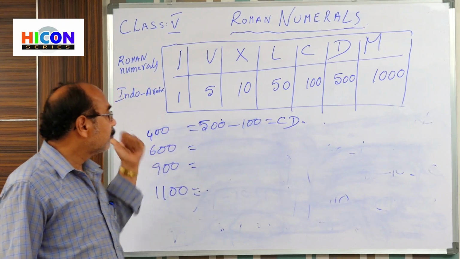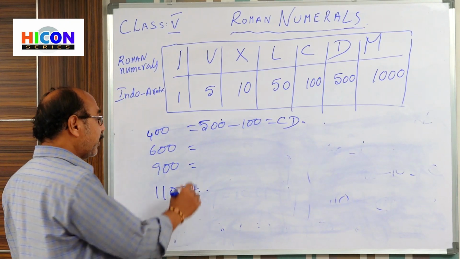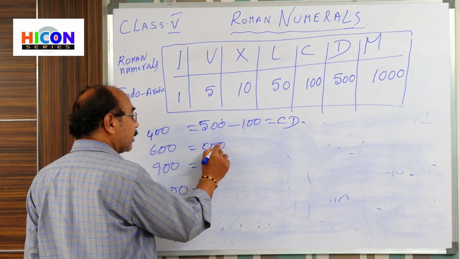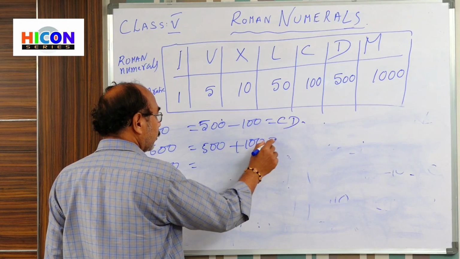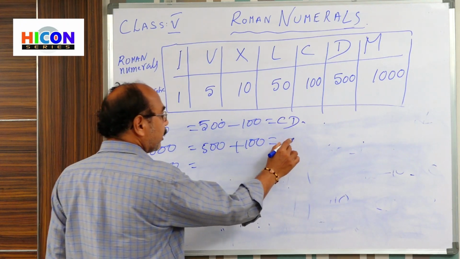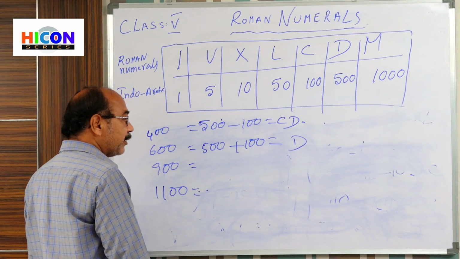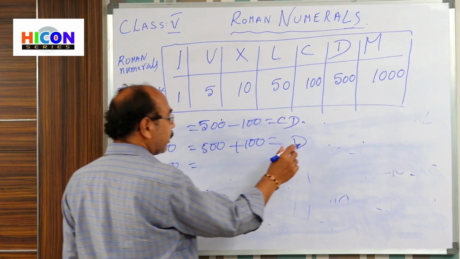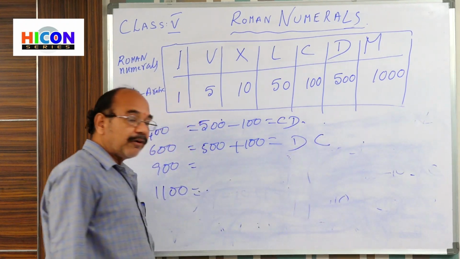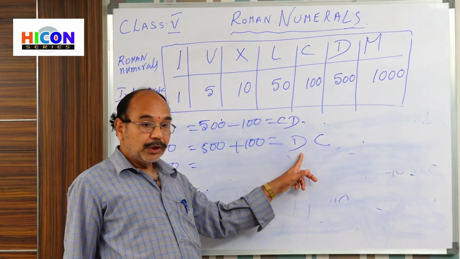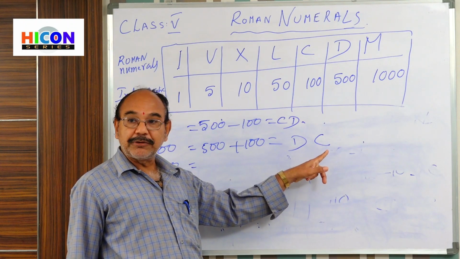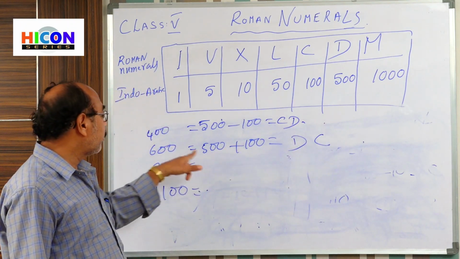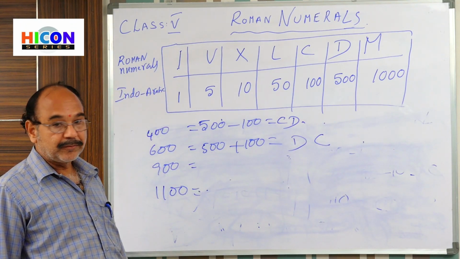Now 600, you see. 500 plus 100. So D for 500. Here addition is there, so in the combination of addition we write C to the right side of D, the bigger one. Then 500 plus 100 is equal to 600.